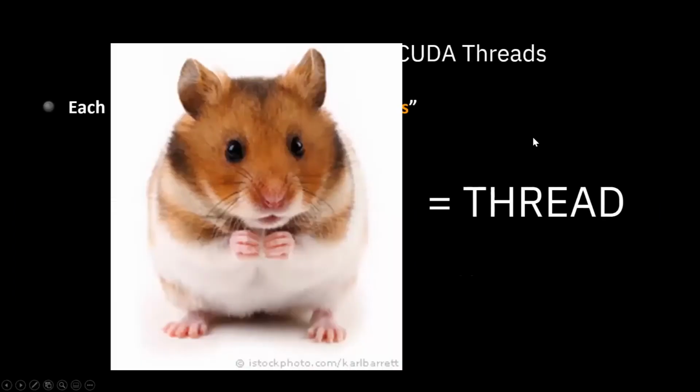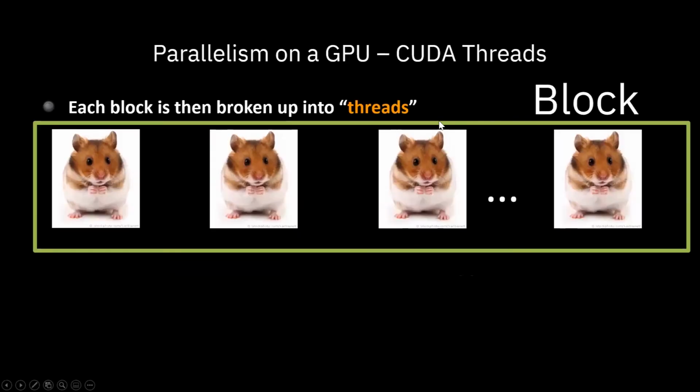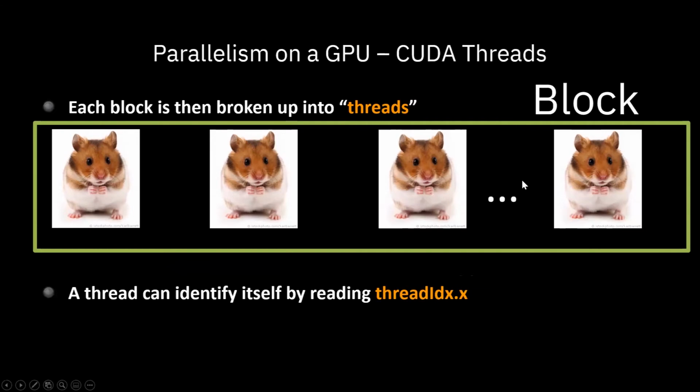Now, going with the analogy with cages, a thread is similar to a hamster. You will have to build a lot of them, a lot of hamsters, into your block.